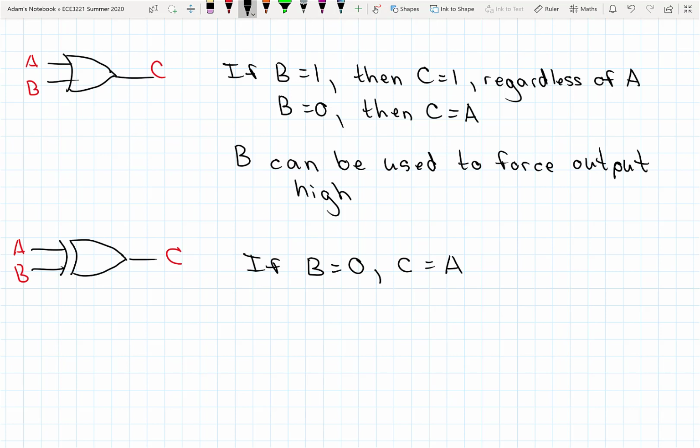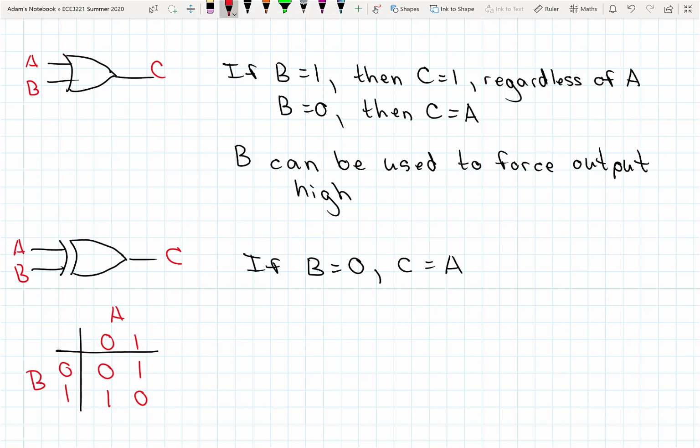Okay, let me draw the truth table again here to convince you of this. Remember the truth table for my XOR gate looked like this. This was A, this was B, and my output was only high when the inputs were different. Okay, so look at this first statement here.